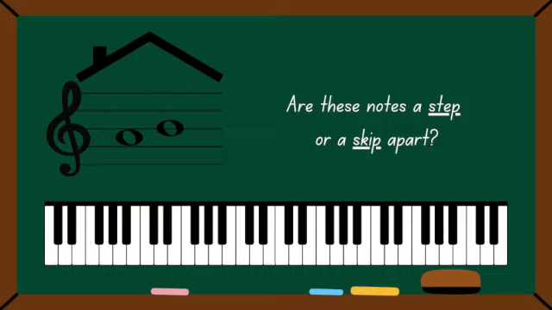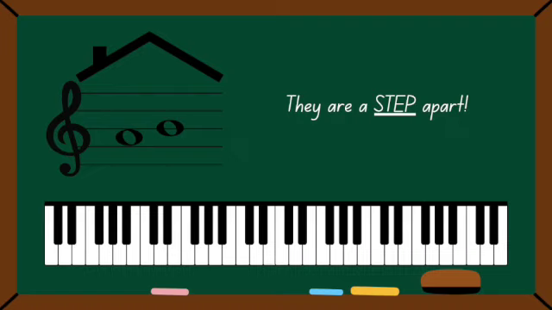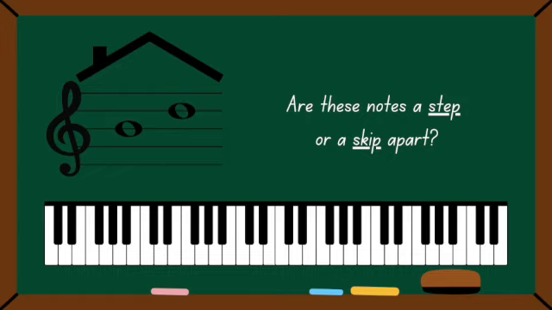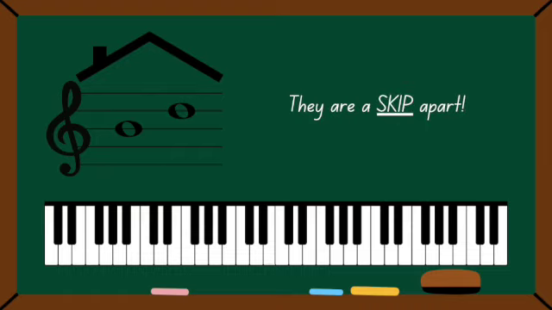We have 1 note on a space and the next note on a line, so they're a step apart. Now, are these notes a step or a skip apart? They are both on lines, so they are a skip apart.